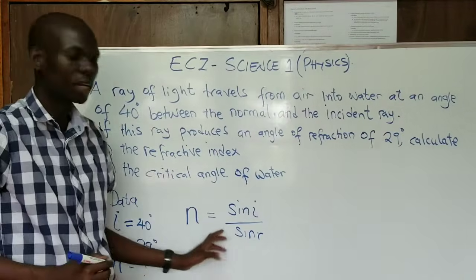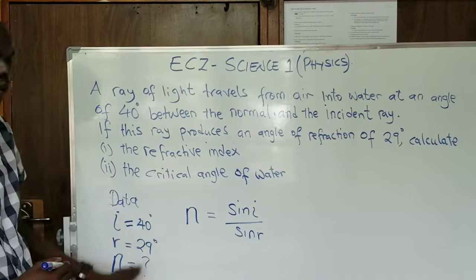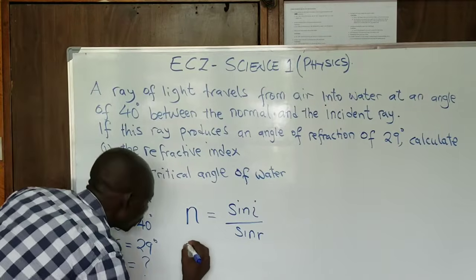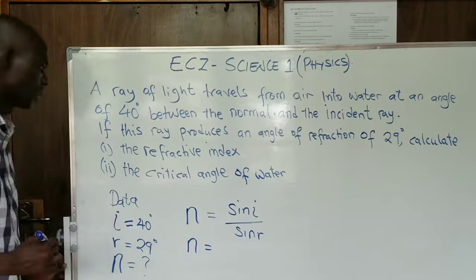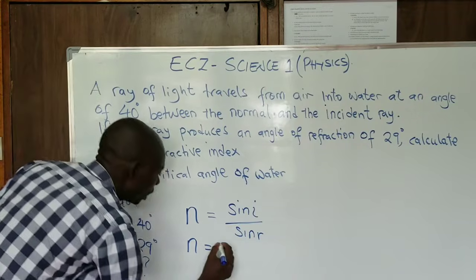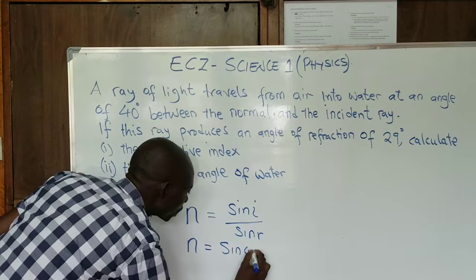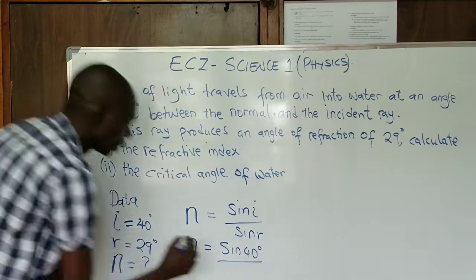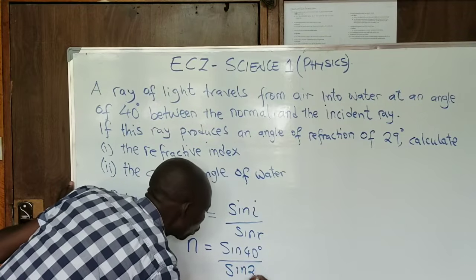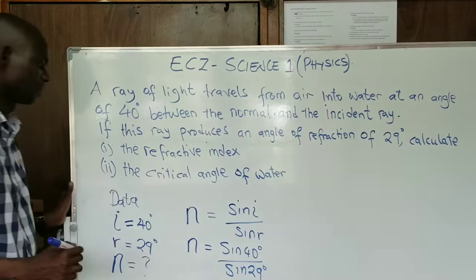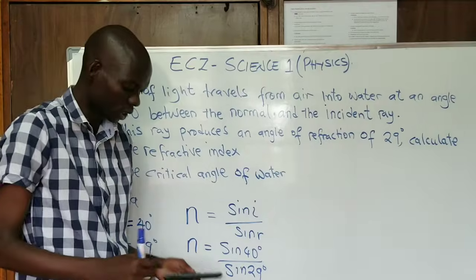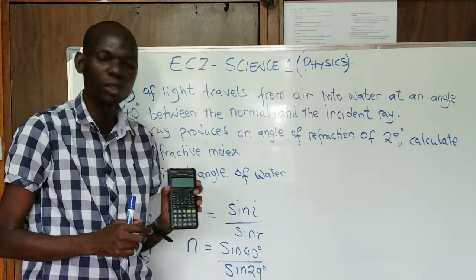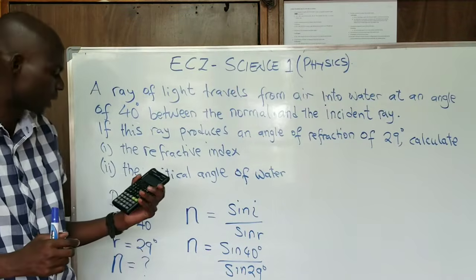Then substitute these values into the equation. So this will be sine 40 degrees over sine 29 degrees. Get your calculator, and make sure that your calculator is in degree mode.